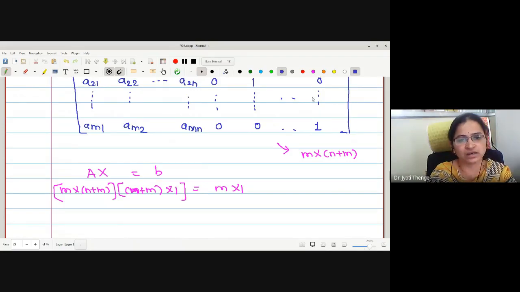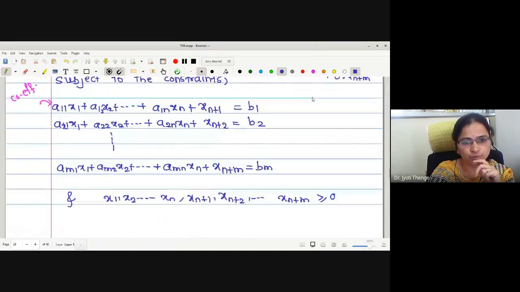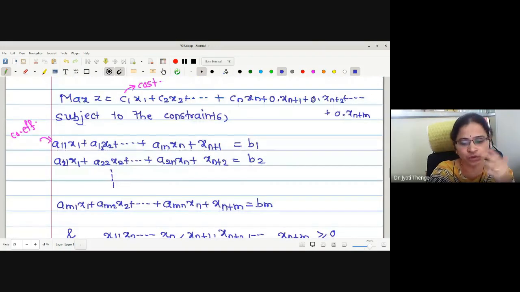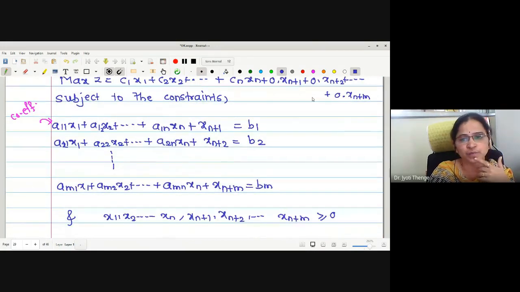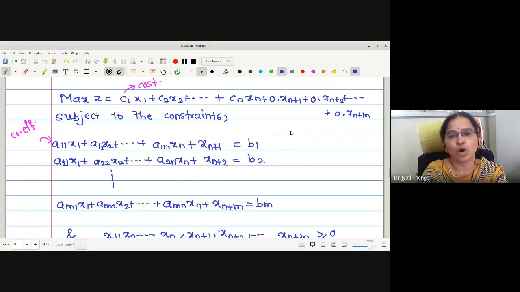If you understand both the standard form and the matrix form of the linear programming problem, let us come towards the solutions of the linear programming problem. What do we mean by a solution actually? Solution means we want to find the values of the variables such that they satisfy the constraint equations and simultaneously maximize the objective function. Correct, no?